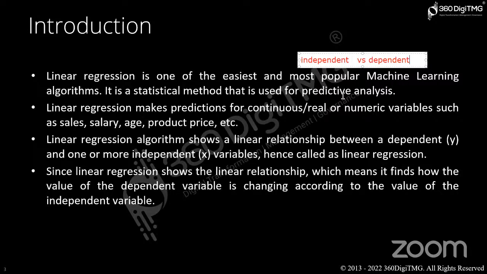Suppose the relationship is between one or more independent variables and one dependent variable, that is multiple linear regression. Since linear regression shows the linear relationship, it finds how the value of the dependent variable is changing according to the independent variable. How y, the output variable, is changing by changing the inputs x.